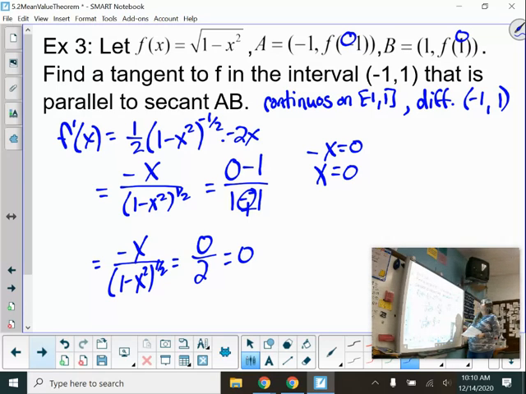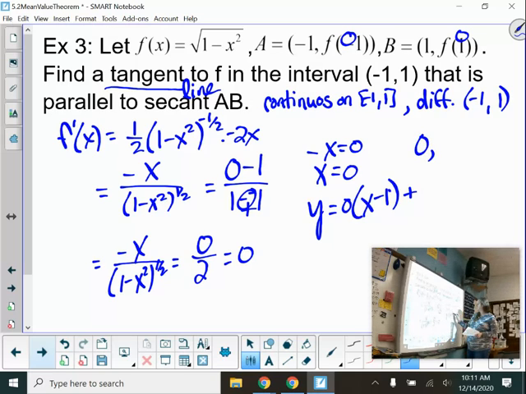Now it does say find a tangent. That means find the tangent line. So I have 0 times x minus, I can go ahead and use the second point, x minus 1. Sorry, that's not going to be it.